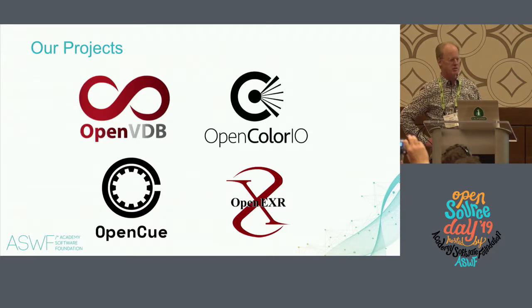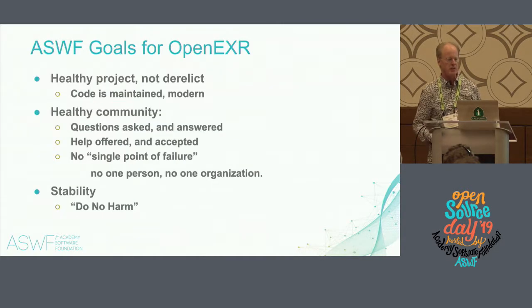And it's interesting that each of these projects, and OpenTimelineIO should be up here as of this week, is in a very different state of its life cycle, which is a kind of different test case for what the foundation has to offer.